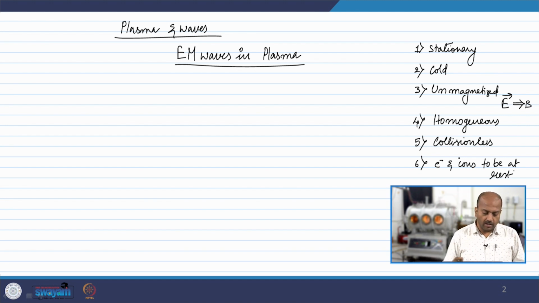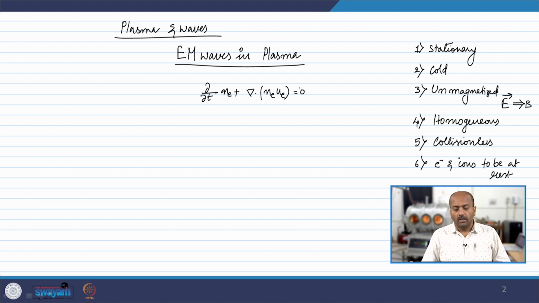Let us say the electron fluid equation can be expressed in the following way: ∂n_e/∂t + ∇·(n_e u_e) = 0. This is the continuity equation for electrons.